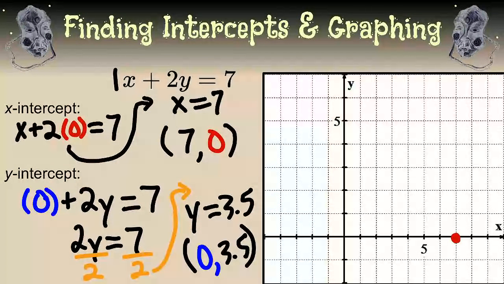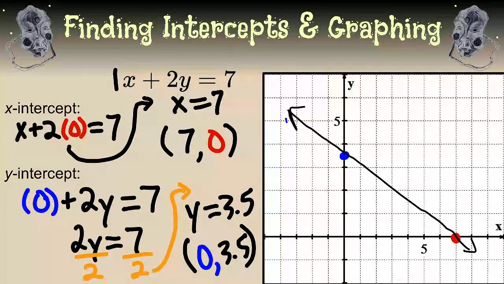So we have that point. That's about right there. And now we can just connect those 2 points with a straight line. Right there. And we've graphed.